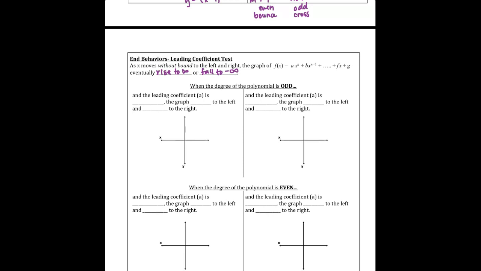So when the degree of the polynomial is odd and the coefficient is positive, so your a value is positive.